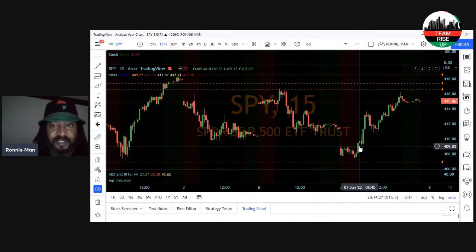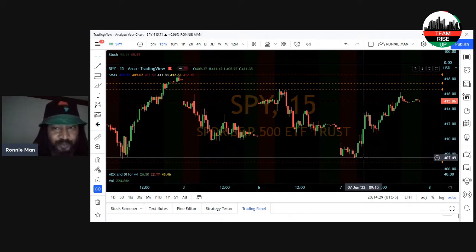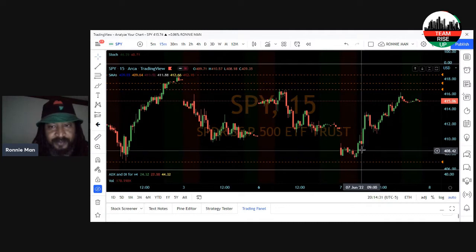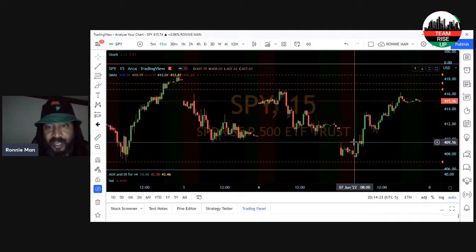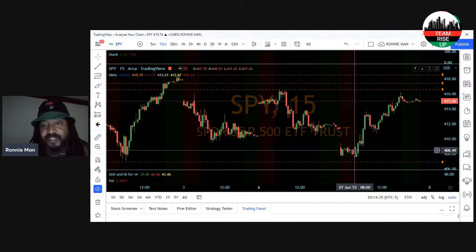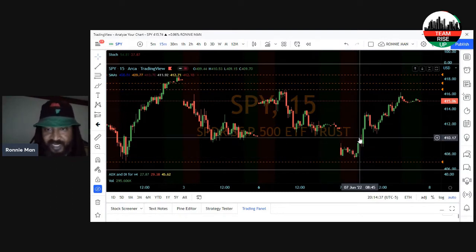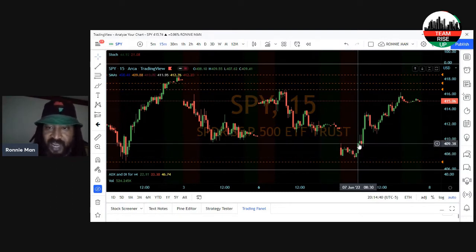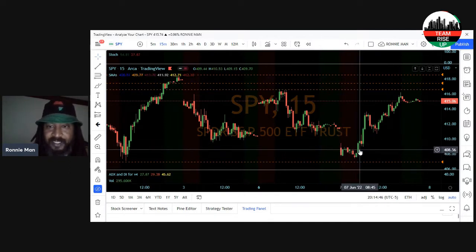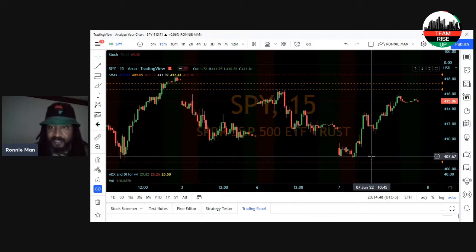And then it began to surge. Slowly, it didn't rip right out the gate. So I was looking for it to see right off this first candle if I could get a wide range bar and take out this high. It did that.